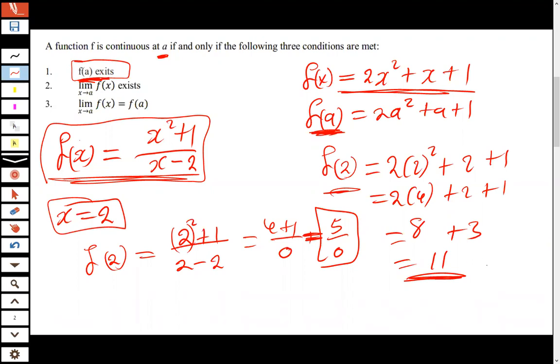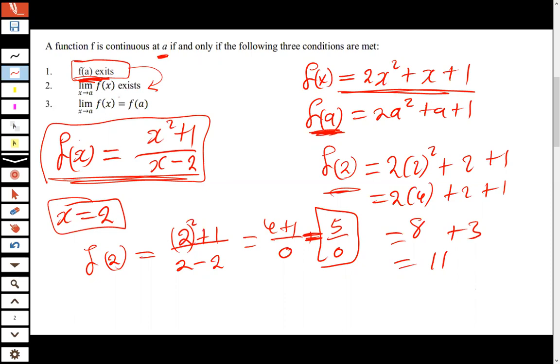But if you find an answer like the 11 that we found here, this implies that you now have to go to the second step. If you discover that f of A exists, you have to move on to the second step. In the second step, you have to determine whether the limit of f of x exists or not.